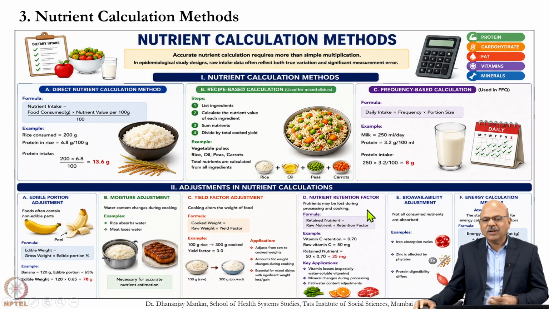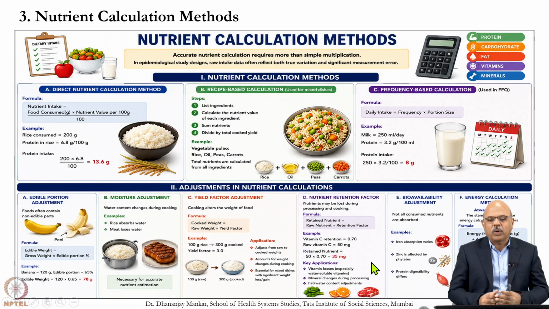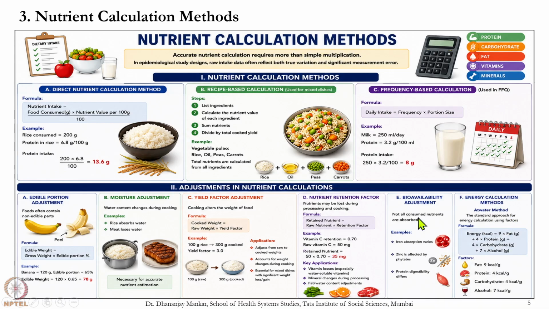Nutrient retention factors: especially vitamin C retention is 0.7, where raw vitamin C is 50 milligram. Water soluble vitamins are lost when cooked, minerals change during processing, and fat and water content adjustment is also done.